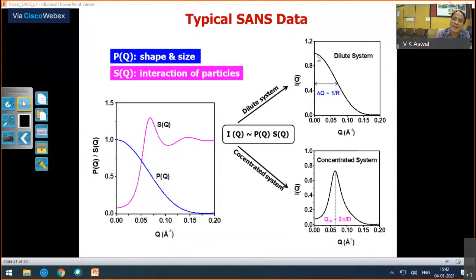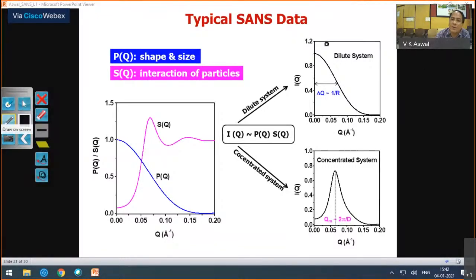So if your size is larger, this curve will be narrower, and for a smaller size, this can go up. And also, if you have different shapes, then this functionality will be different, as I already showed you. So this will be one kind of pattern.